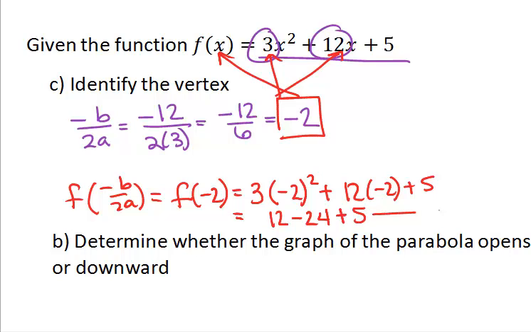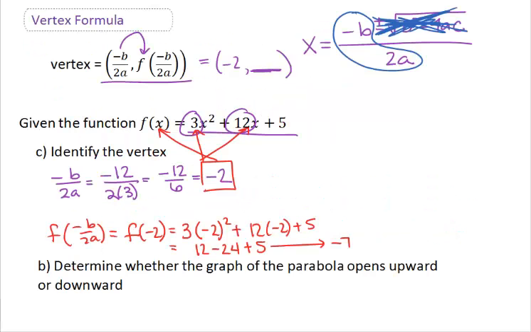And added to 5. 12 minus 24 gives me negative 12. And negative 12 plus 5 gives me negative 7. So my second coordinate is negative 7. So my vertex in this problem is negative 2, negative 7.